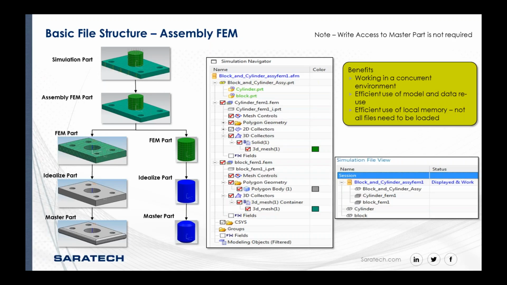It's easy to branch this off because I already have individual FEM parts and I can move them between each assembly without having to adjust my top-level assembly. So each one's individualized. So from there, I have my assembly FEM, and then we would create a sim part, which would be the solution of those assembly FEM.